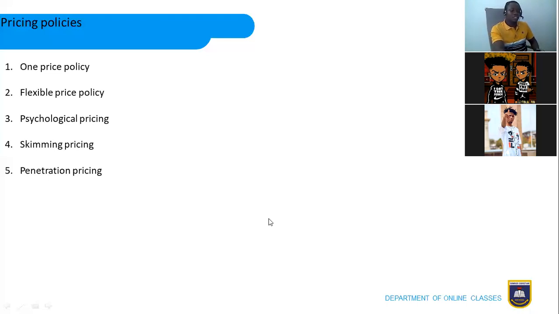This strategy usually works for companies that are giants, who have been in the system for years and have goodwill. There are companies or products that when you mention them, a lot of people say, no matter what, they'll buy. So it is a strategy used by giants who have proved themselves worthy.